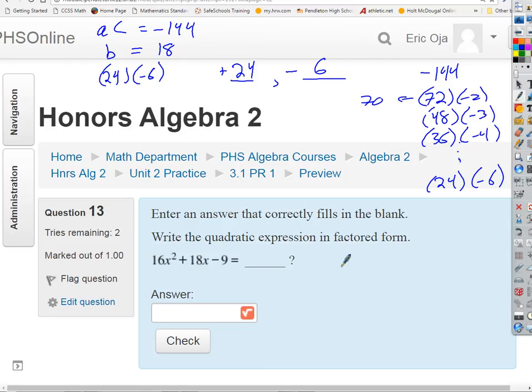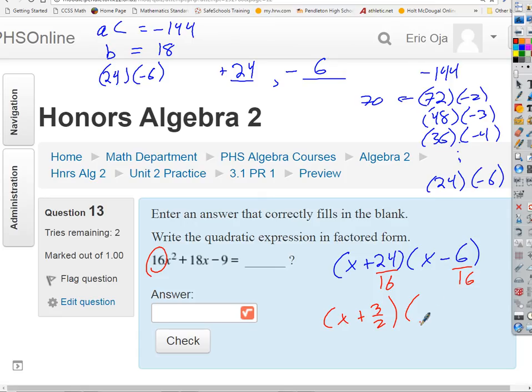So then we'll do bottoms up. So I'm going to get x plus 24 and x minus 6. And both are going to be divided by a, which is 16, both of the constants. So then what? Well, we got to reduce the fraction. 24/16 reduces, 8 goes into 24 3 times and 16 twice.